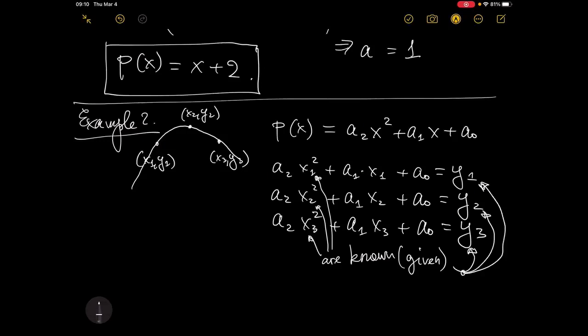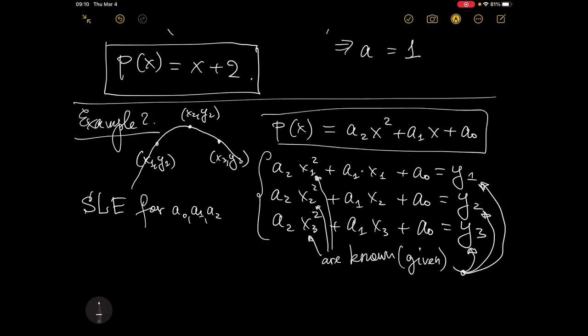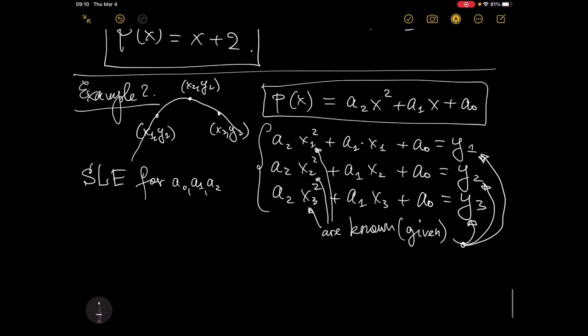As a result, I'm getting a system of linear equations for a0, a1, a2, which I can solve again, and then I will get my so-called interpolating function.